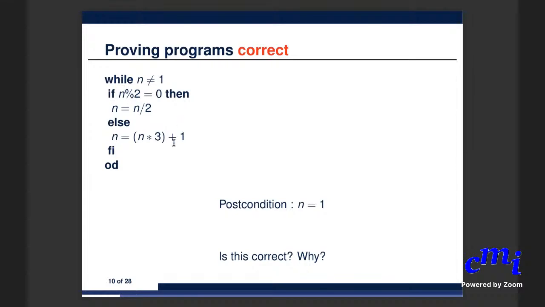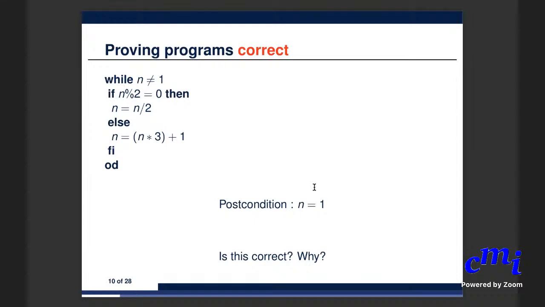For example, for n equal to 5, it does terminate, because you execute the else part, and then you may set n to 16, which is a power of 2, and then it terminates as well. So there are weaker conditions for which it does terminate.